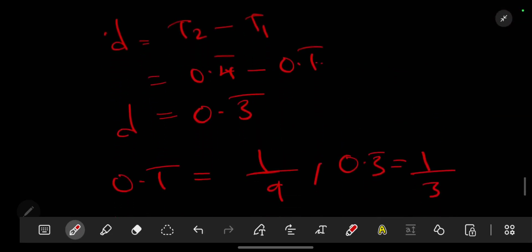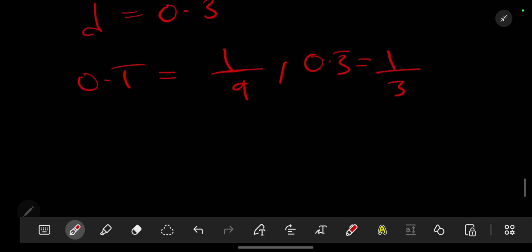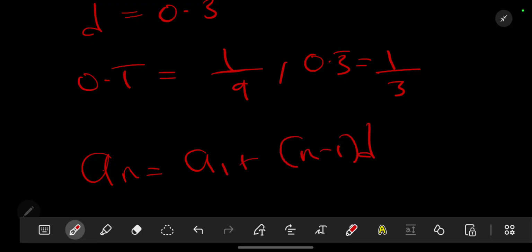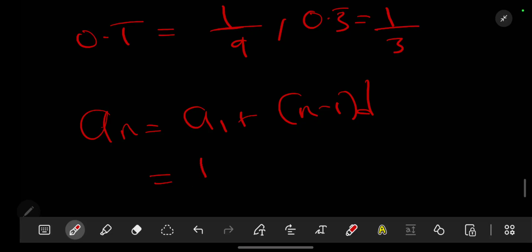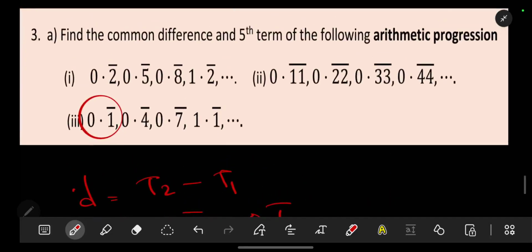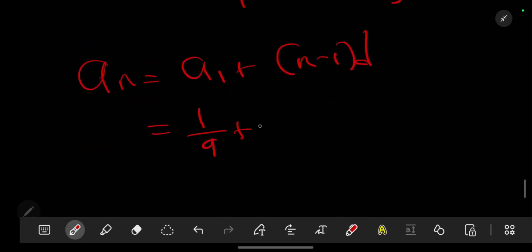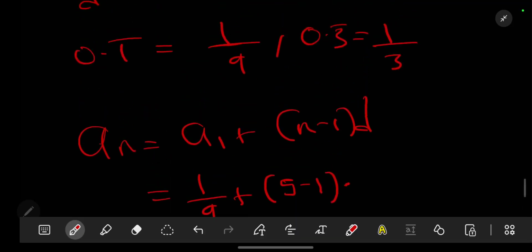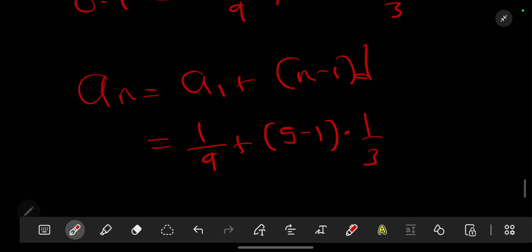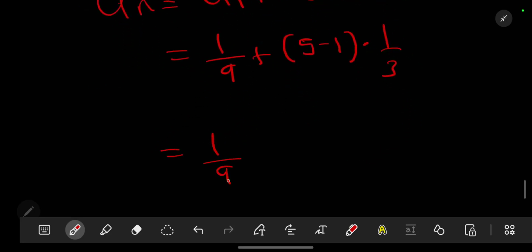So with that said, we are going to find our fifth term. An should be equal to a1 plus n minus 1 d. So our a1 is 1 over 9, which is this one, 0.1 bar. Then we have plus the fifth term, so we have 5 minus 1 times the d, which is 1 over 3. 5 minus 1, that will be our 4 times 1 over 3.